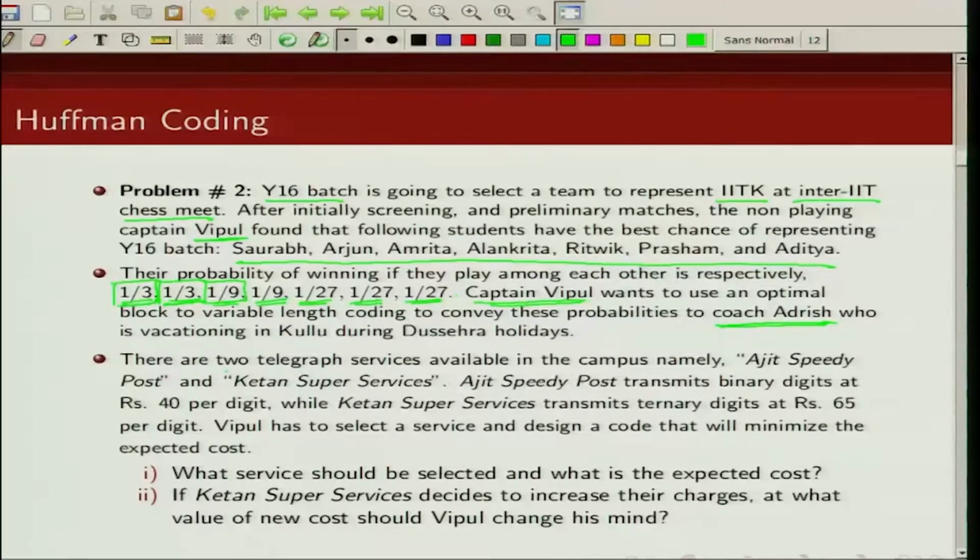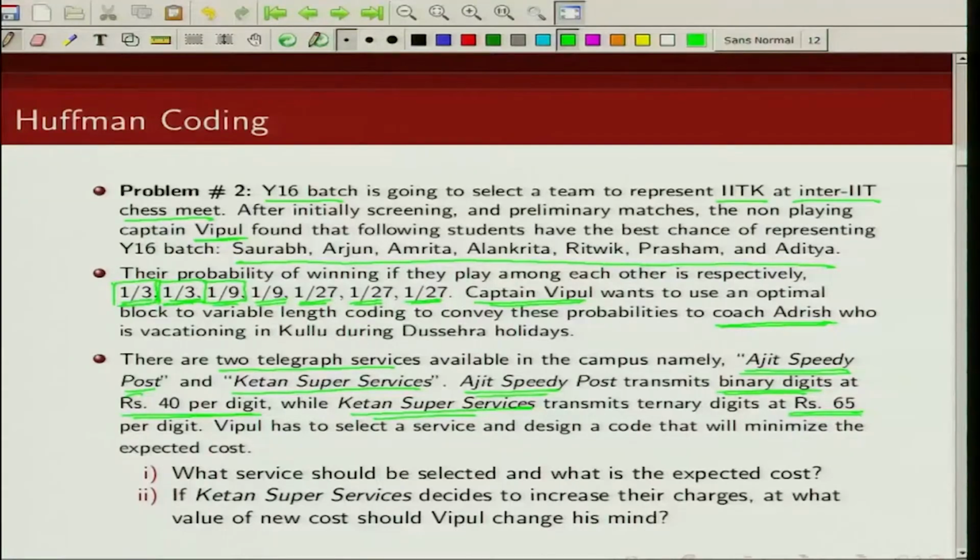Now there are 2 telegraph services in the campus. One is known as Ajit Speedy Post and the other is Ketan Super Services. Ajit Speedy Post transmits binary bits, and it charges 40 rupees per binary bit, whereas Ketan Super Services charges 65 rupees per digit.